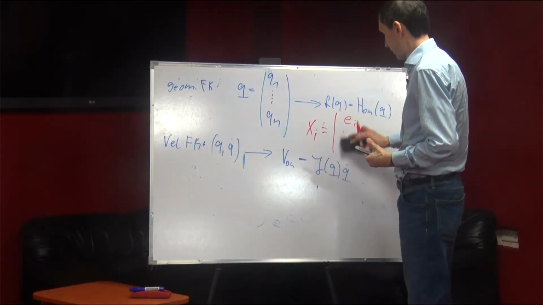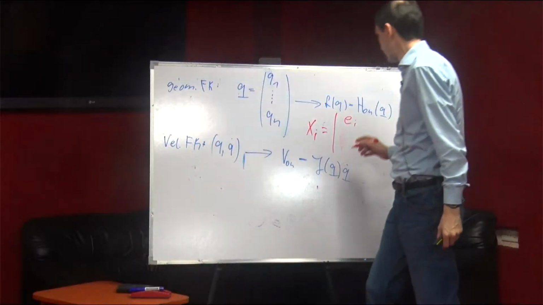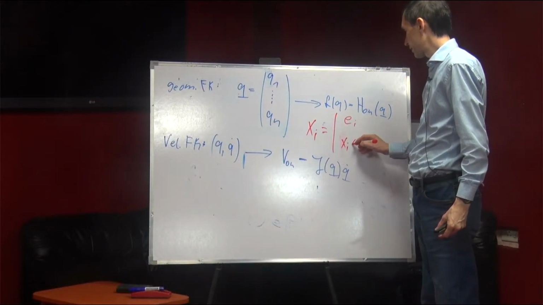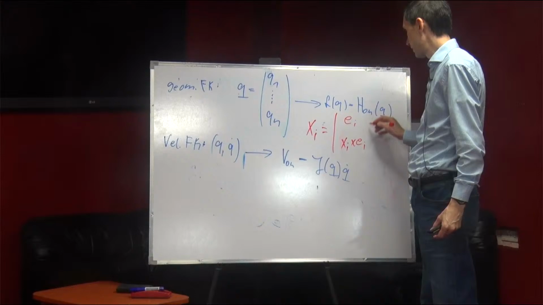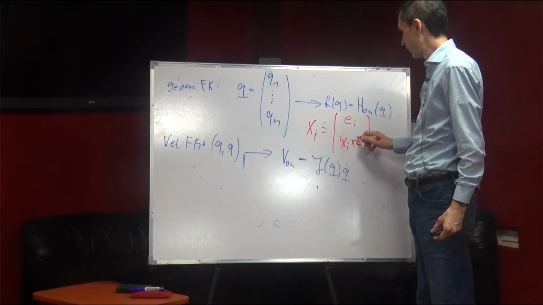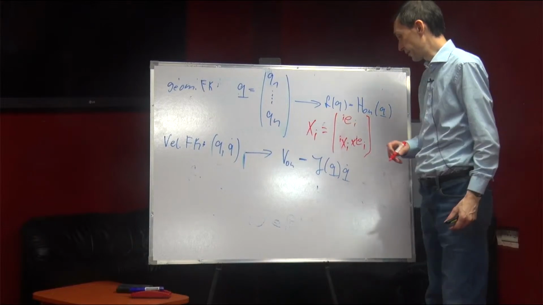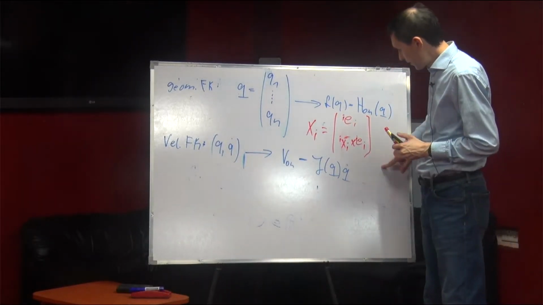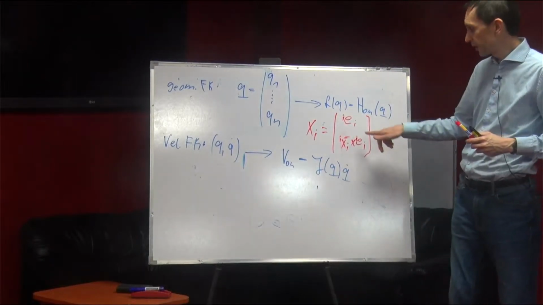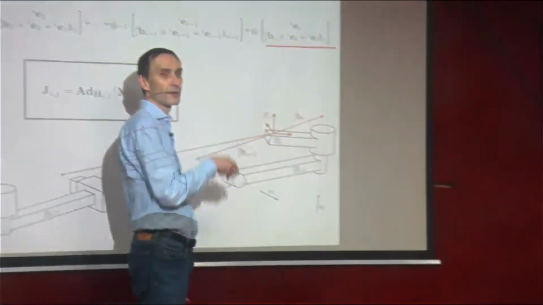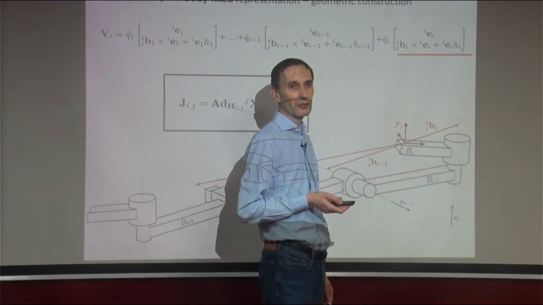I'm making all the mistakes you can make. All of them were represented in the frame I. This little I, what was it? It was the vector from the frame Fi to the axis. That's how we constructed the screw coordinates.